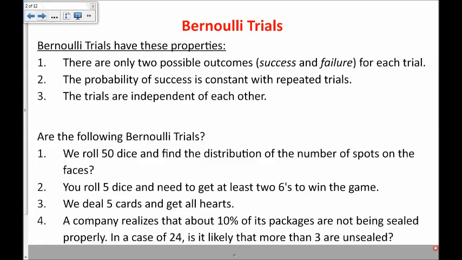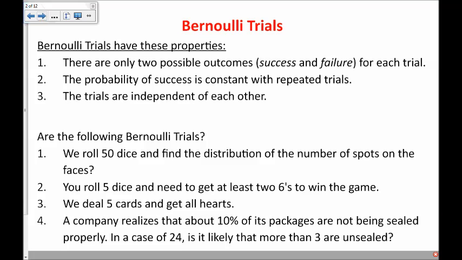Last, a company realizes that about 10% of its packages are not being sealed properly. In a case of 24, is it likely that more than 3 are unsealed? In this case, a success would be it is sealed. A failure would be it's not sealed. We think about the probability of success as constant, a constant 10%.